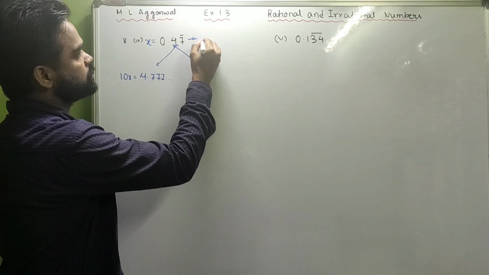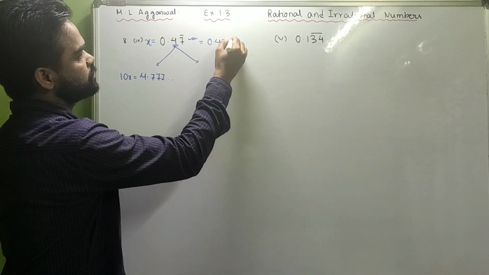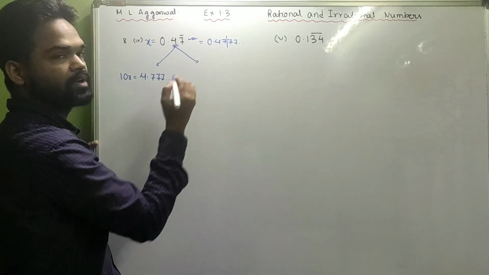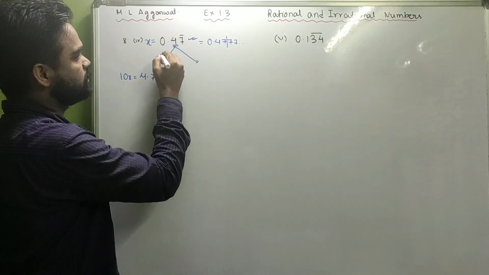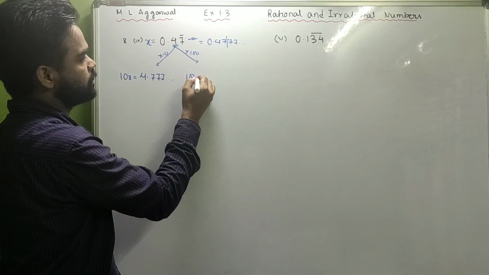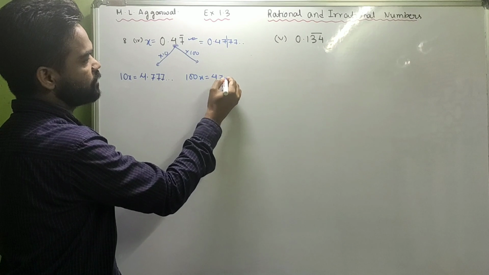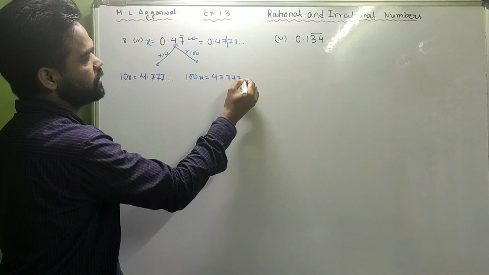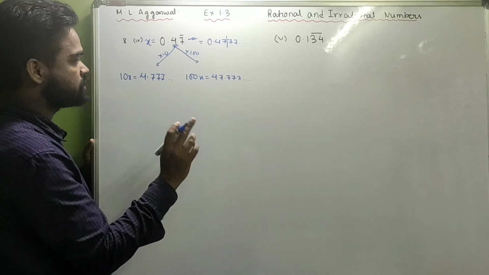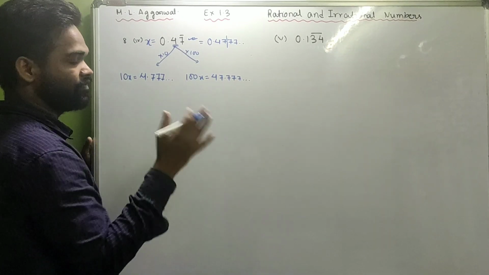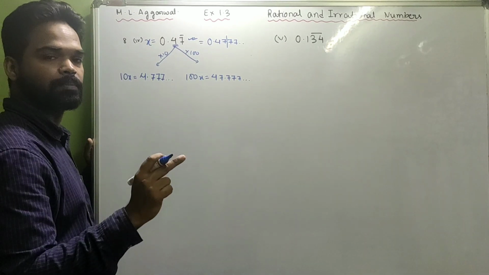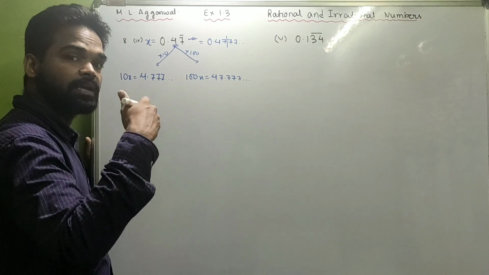This was nothing but 0.4777 dot dot dot, so we'll multiply by 100. So this becomes 100x equals 47.777. We do so such that when you subtract, the value after the decimal is the same, and then it eliminates.